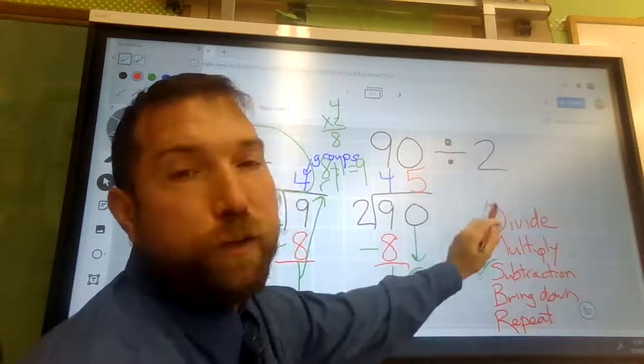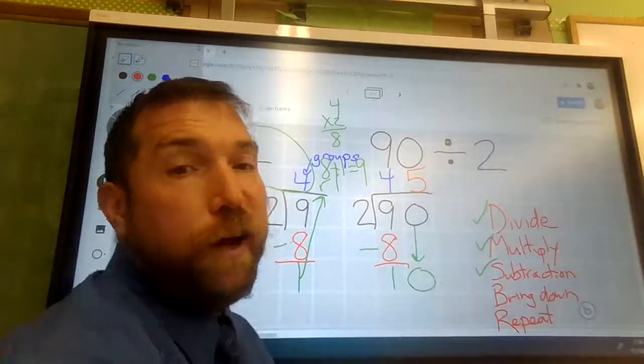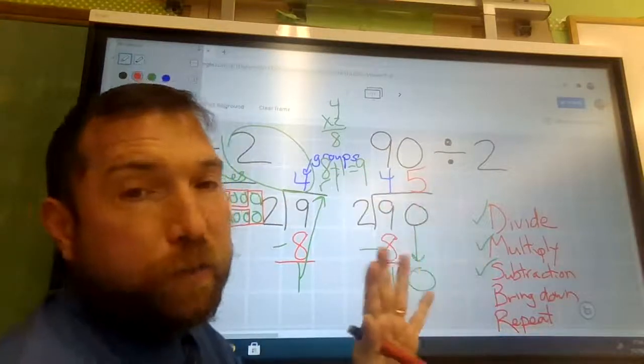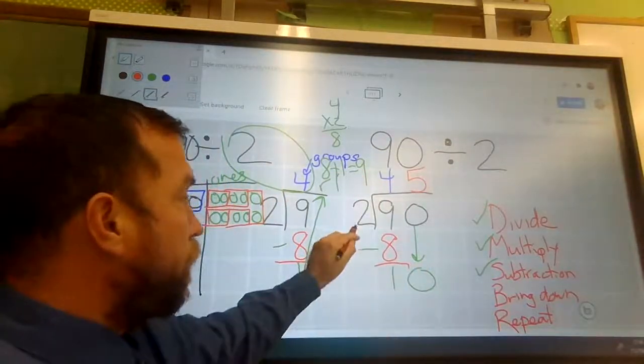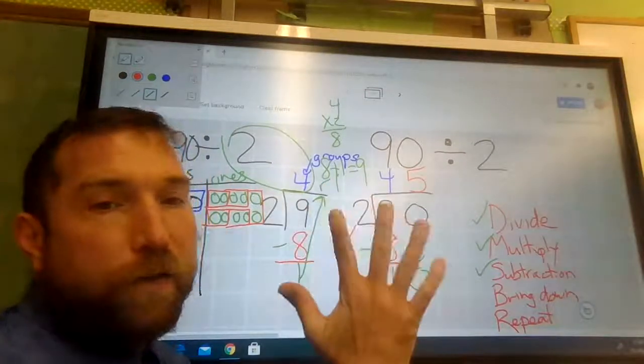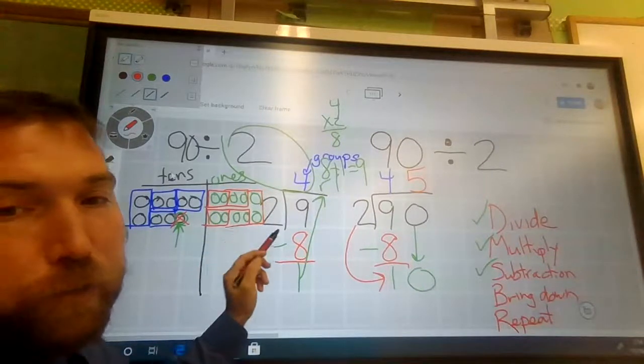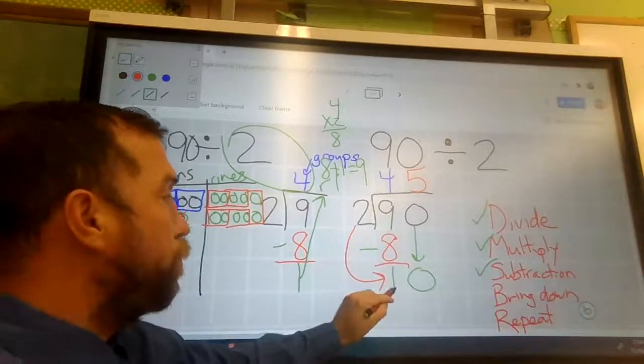That's the division. How many groups or teams could I make with 10 kids? I could make 5 more teams of 2. How many times did 2 fit into 10? 5 times. How many kids did we use on the teams? That's the multiply. 5 times 2 is 10.